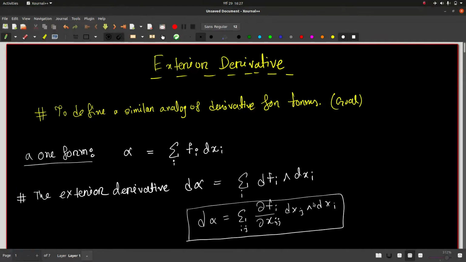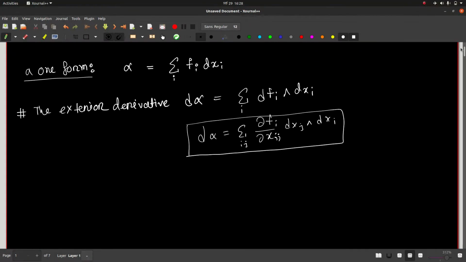However, you can write the exterior derivative in such a way that it doesn't depend on the coordinates itself. So this is the coordinate dependent version. The end result would be the same. We should emphasize that as well, that whatever you do, the end result will be the same, but there are just two ways of writing the exterior derivative. So this is the form where the coordinates appear explicitly.